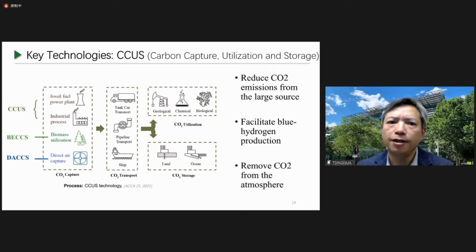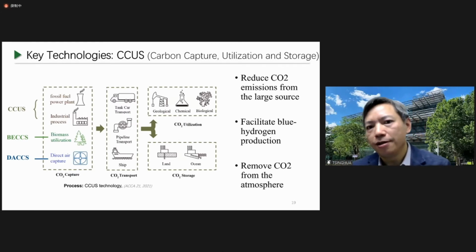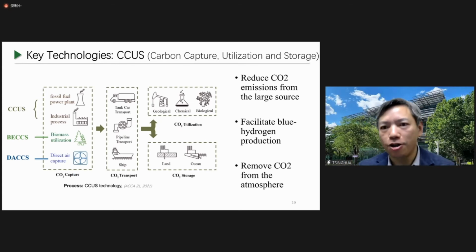Many of China's existing power and industrial plants have been built relatively recently and could continue operation with CCUS retrofits, avoiding potentially costly early retirements.